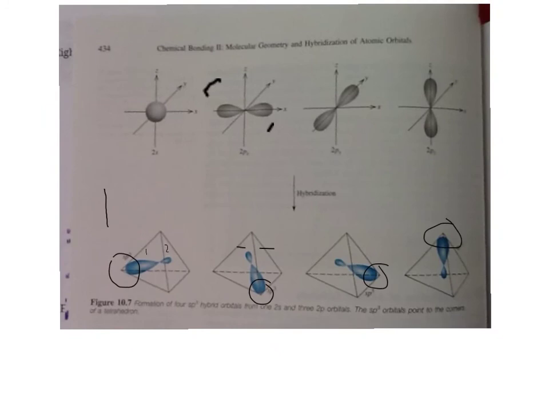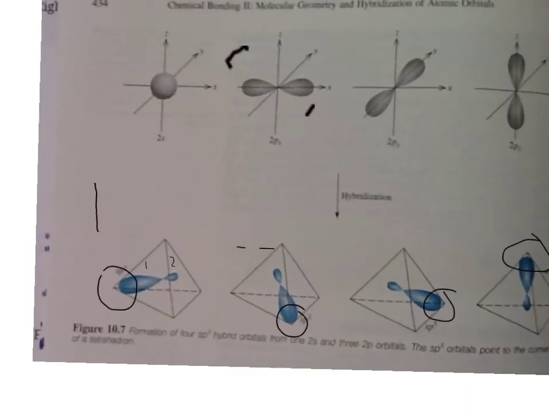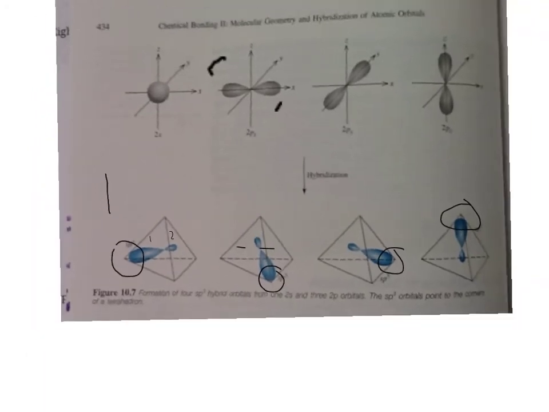What we were trying to say is that when it comes to our different hybrids, they basically have the same shape as our sp3 hybrids, and those are the dumbbell type where you've got the big lobe and the little lobe. They just point in different directions depending upon how they meet the needs of the geometry.